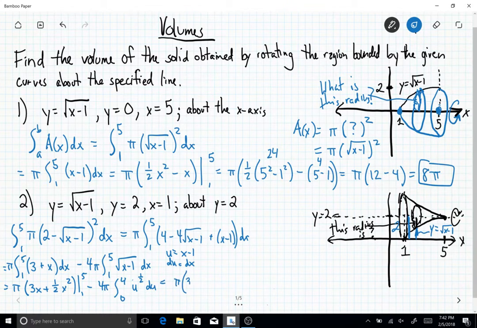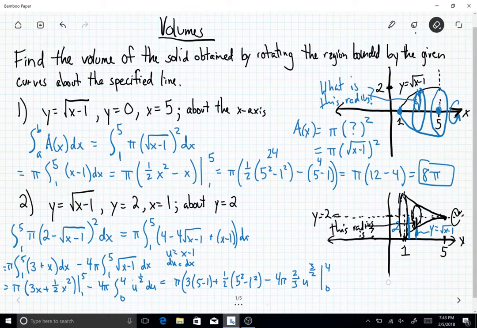So we get 3 times the quantity 5 minus 1 plus 1/2 times the quantity we have 5 squared minus 1 squared. Okay, everything's hunky-dory there thus far. Minus, we have 4 pi, and then our antiderivative of u to the 1/2, that'll be 2/3 u to the 3/2 evaluated at 0 and 4.